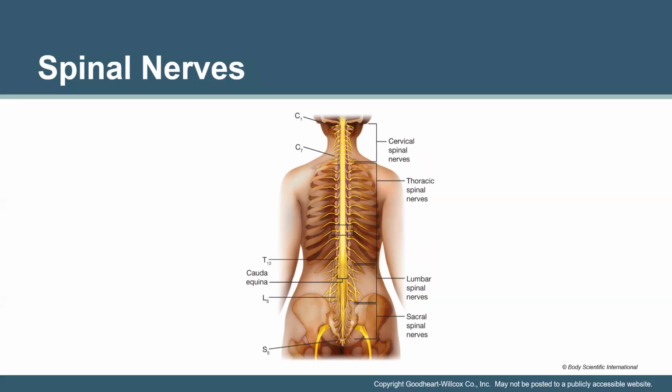All of the spinal nerves are mixed, so they're going to carry both afferent and efferent information. The spinal nerve cell bodies are located within the gray matter of the cord.